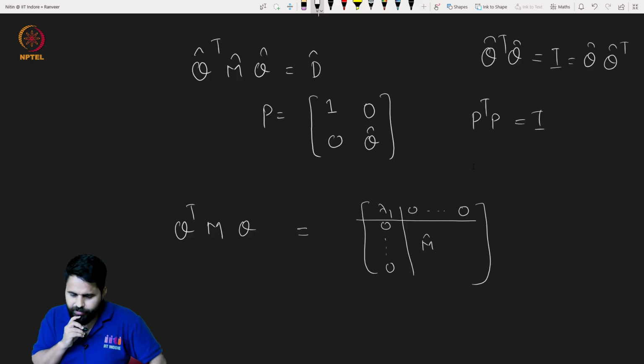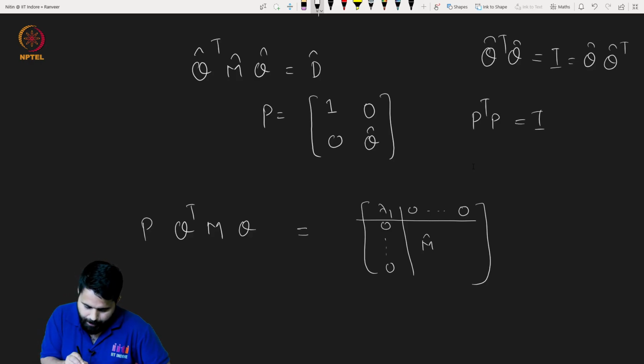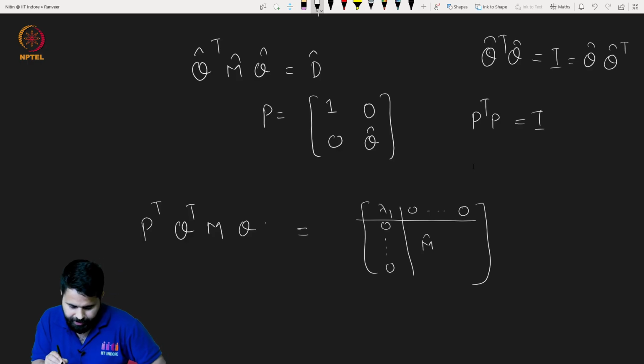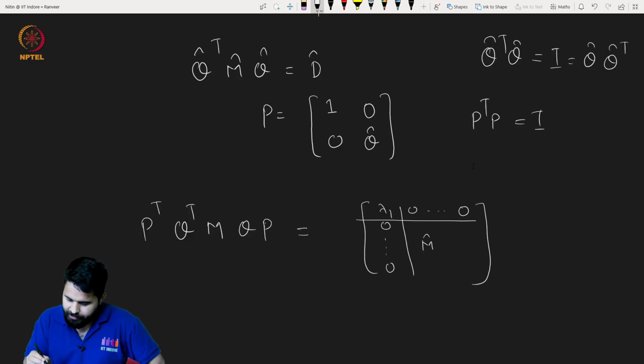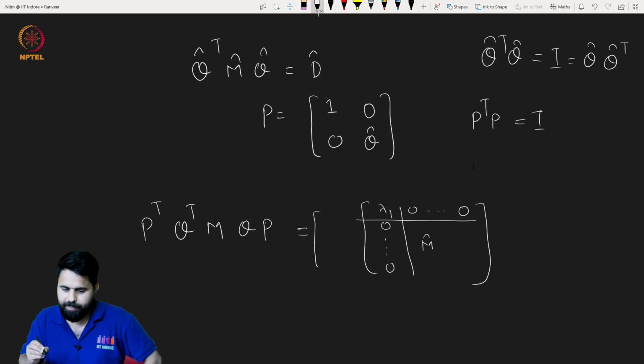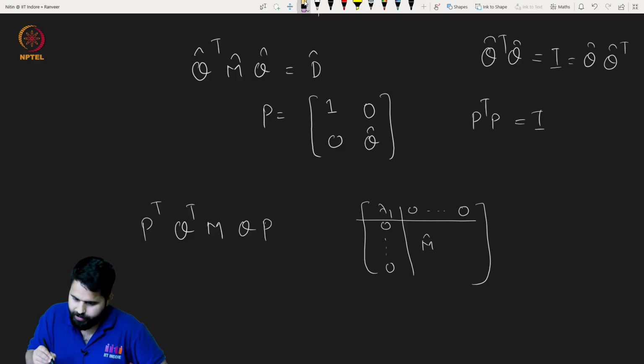Suppose I do this P transpose, and then here I do P. I have to create some space. Earlier space was good, I guess.